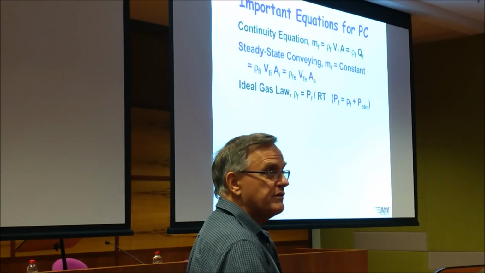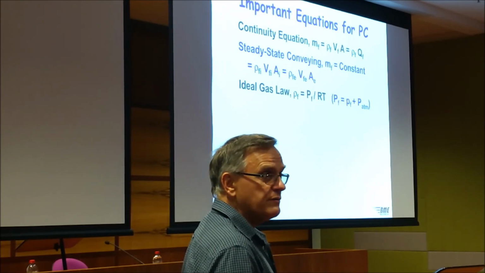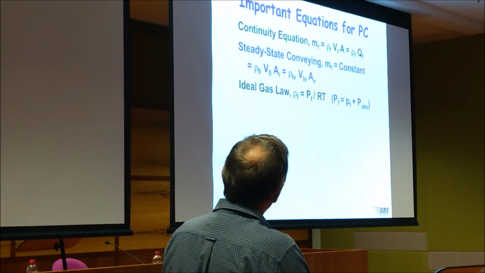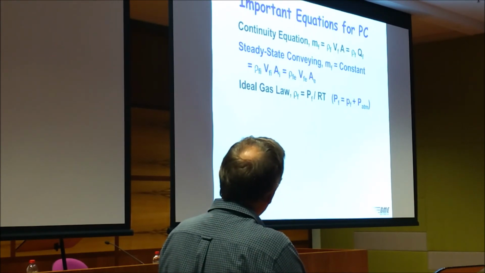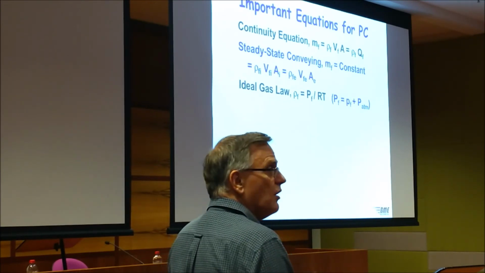The pressure at the end of the pipeline could be 0 plus 101, which is atmospheric pressure. So mass of air is conserved, right? Unless you've got a hole somewhere.